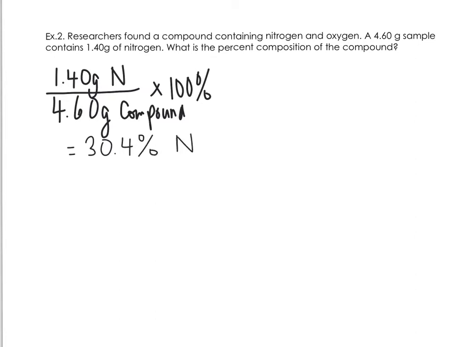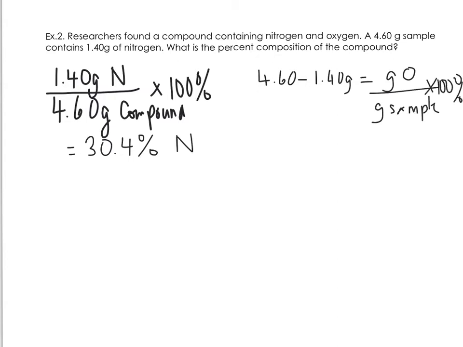nitrogen. Now, there's two ways you can figure out the oxygen. You can subtract 1.4 from 4.6 to figure out the grams of oxygen, and then divide that by the grams of your sample and multiply by 100%. Or we know there's only two elements. We know percent nitrogen plus percent oxygen equals 100%.